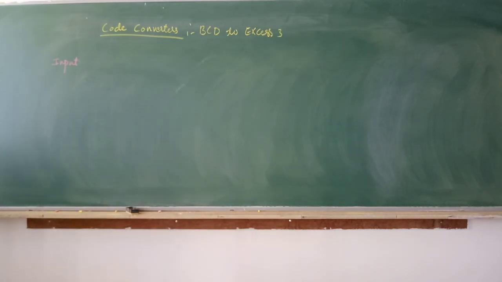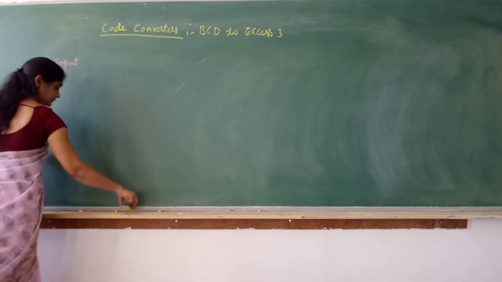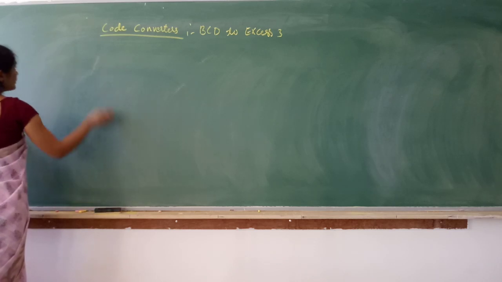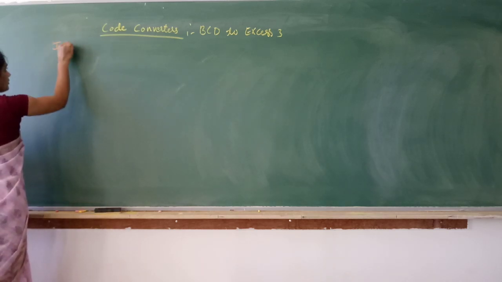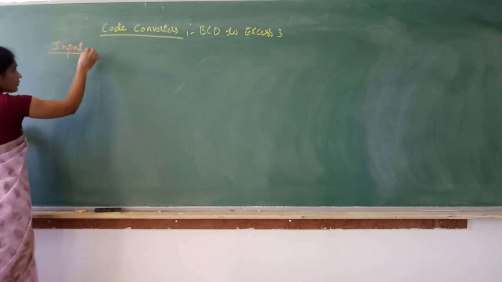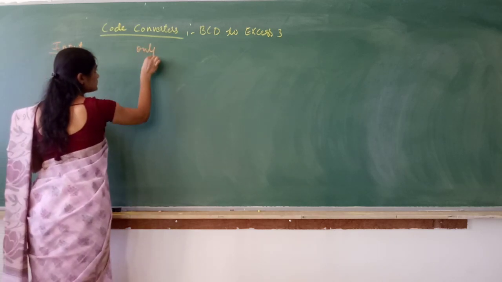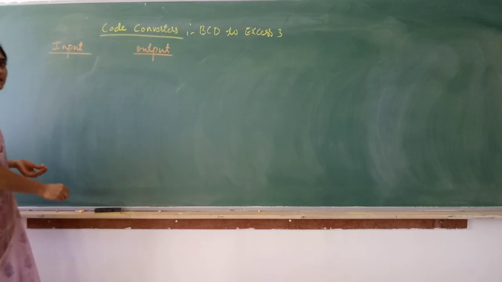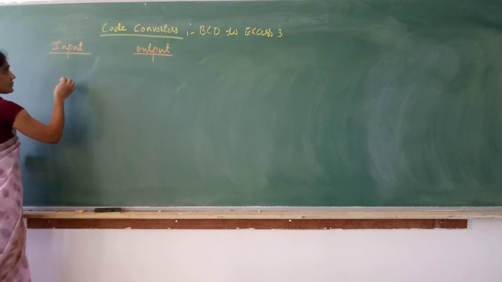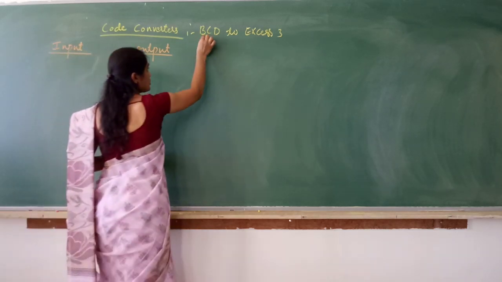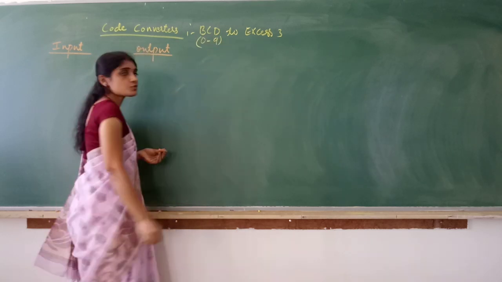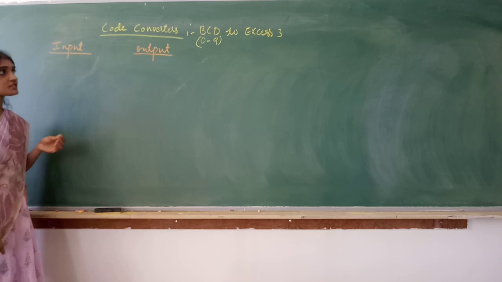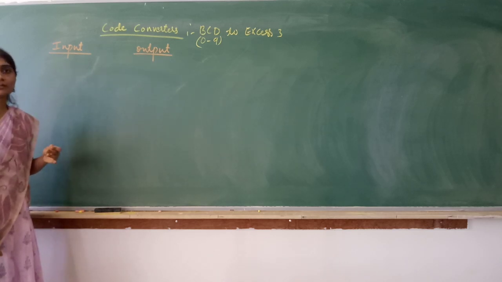So input, output. Input is 4 bits, correct? Because BCD numbers are from 0 to 9. How do you represent 9? 9 is 1, 0, 0, 1. So what is the minimum number of bits required to represent the largest number 9 in binary? 4.